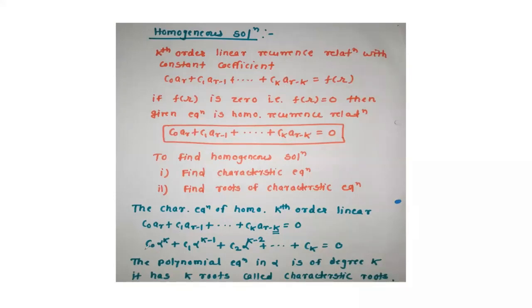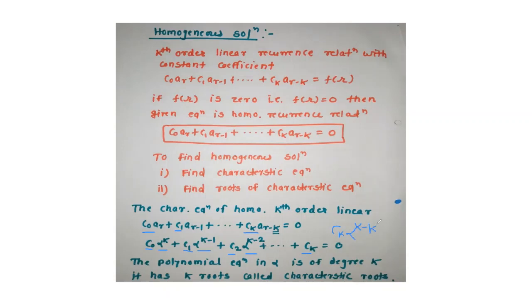So C0 alpha raised to k. Here this is a constant coefficient C1, so C1 alpha raised to k minus 1. Next C2 alpha raised to k minus 2, up to Ck alpha raised to k minus k.